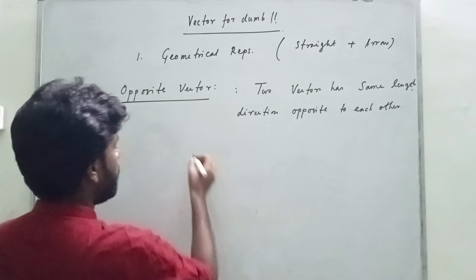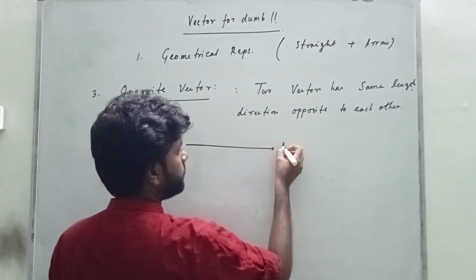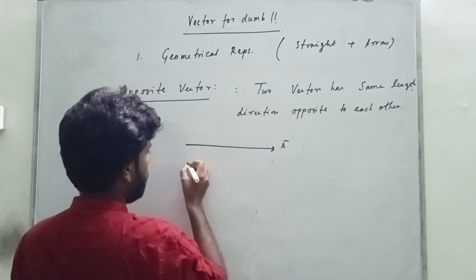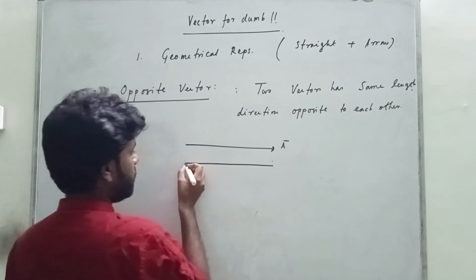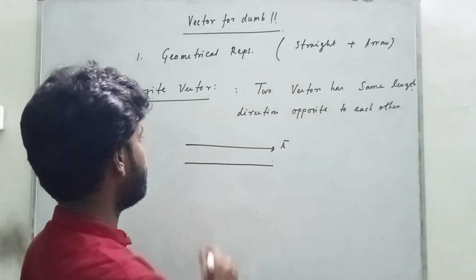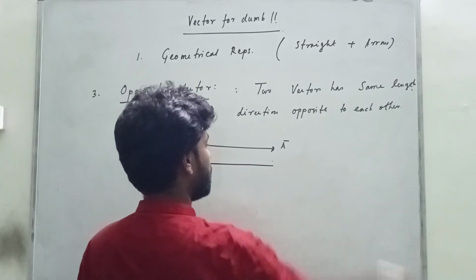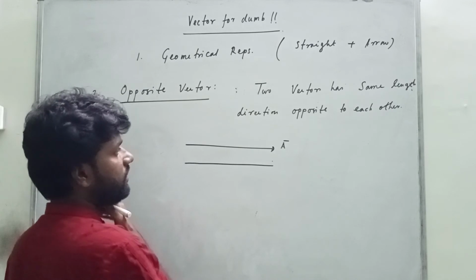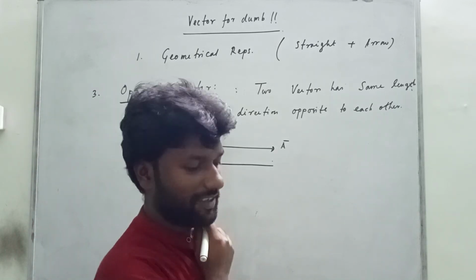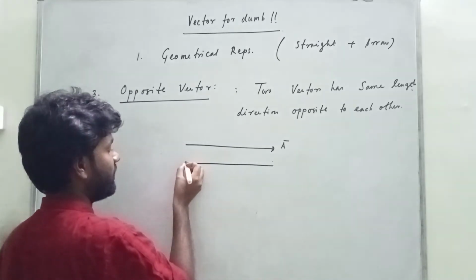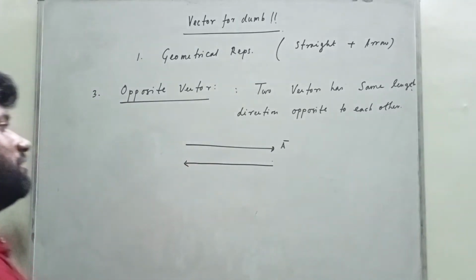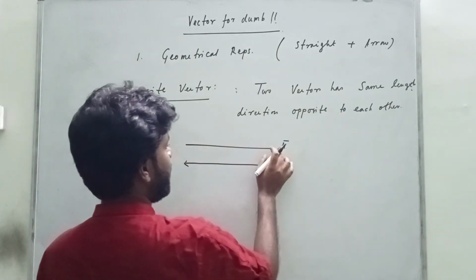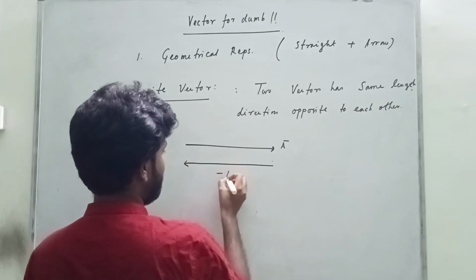That means if it is A, two vectors have the same length, but if one directs towards east, then if the second vector is the opposite vector, obviously it will direct towards west. I mean this thing. Okay, it is the opposite vector, right? And obviously, from common sense, if it is A, then the opposite is minus A, right?